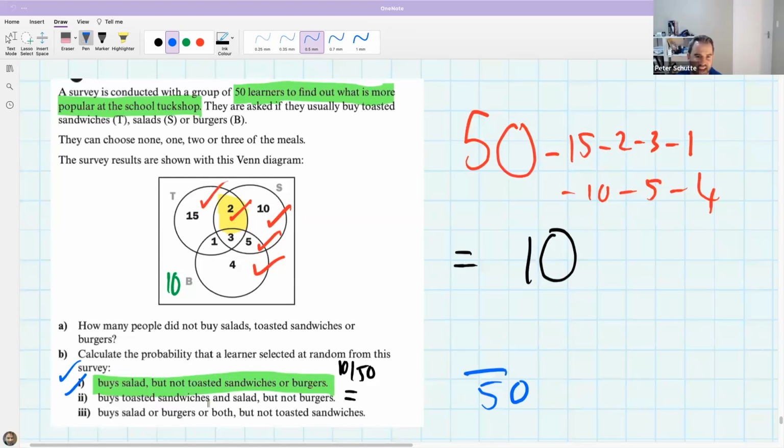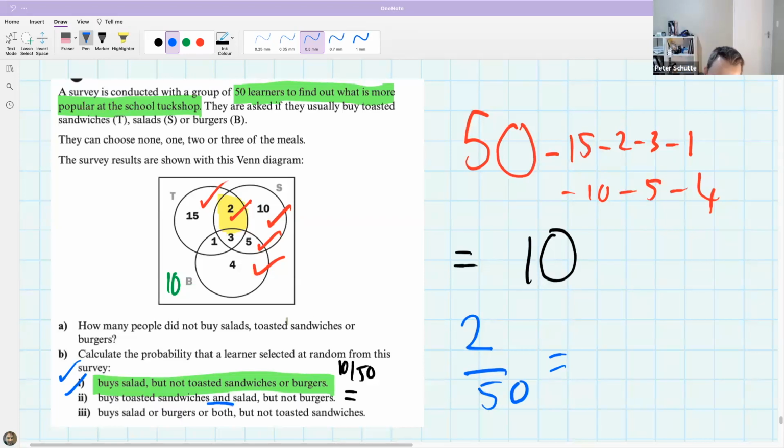The key thing is and. So the answer here is actually going to be 2 out of 50.